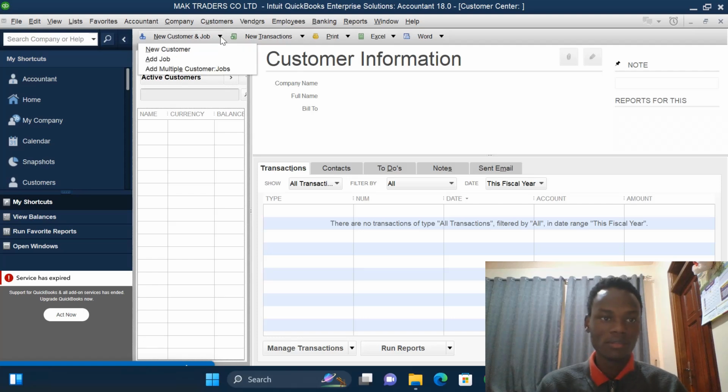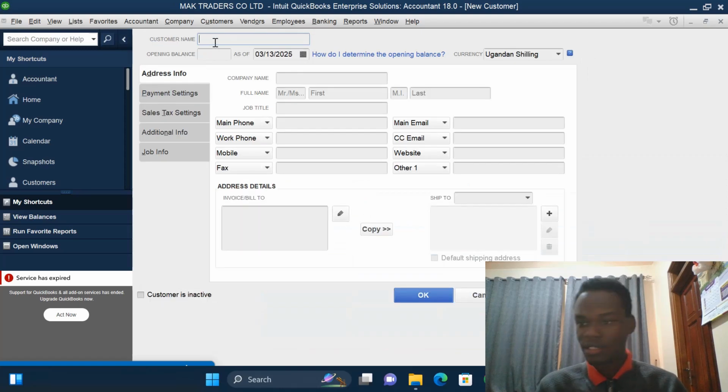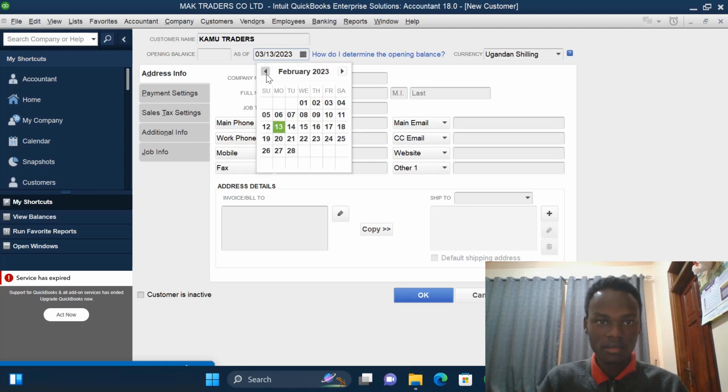So we go to new customers and add a new customer. The customer name is Computerized. As at date is 1st January 2023, so we change it here.